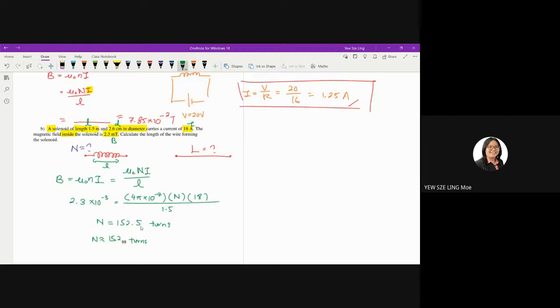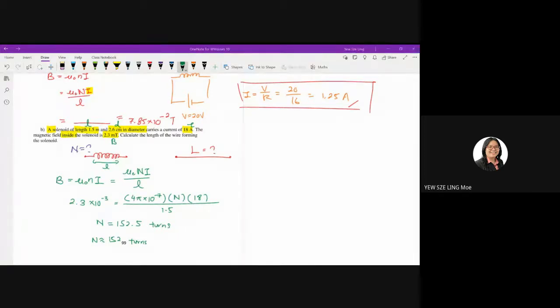But in physics, no. We don't take 153, we take 152 because we want a complete turn, a complete cycle. If you round up to 153, the last cycle is incomplete, and then you cannot call it one turn. Therefore you need to round it down. The number of turns that we have is 152, the complete number of turns.